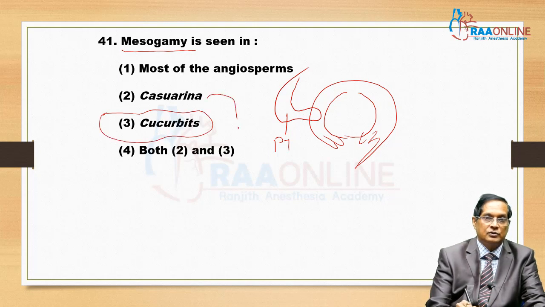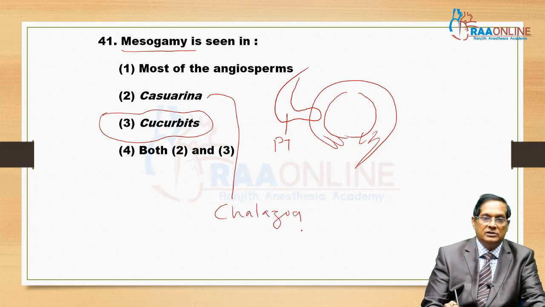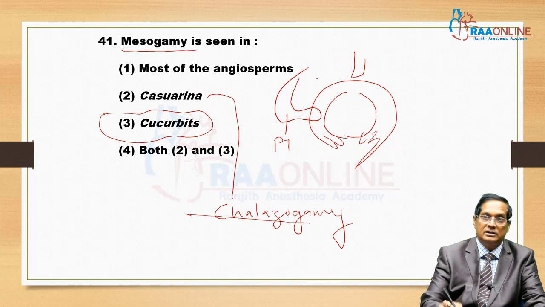If it enters through the chalaza, the process is called chalazogamy. Chalazogamy is common in Casuarina, that is, the pollen tube enters through the chalaza.